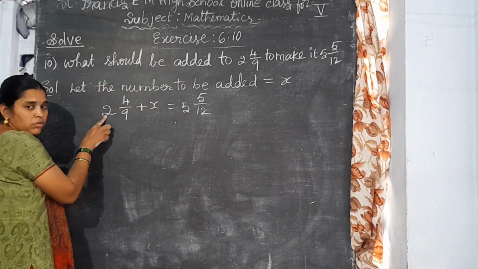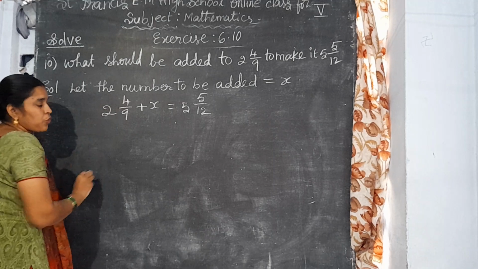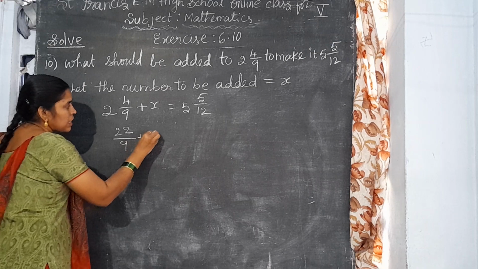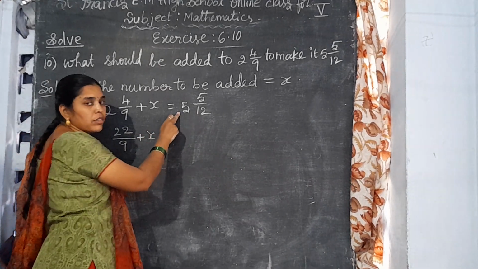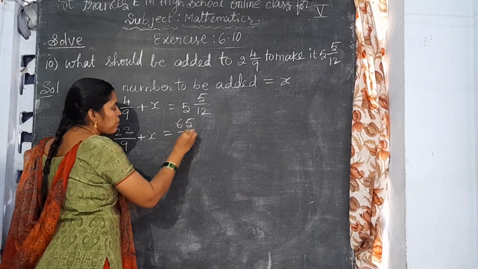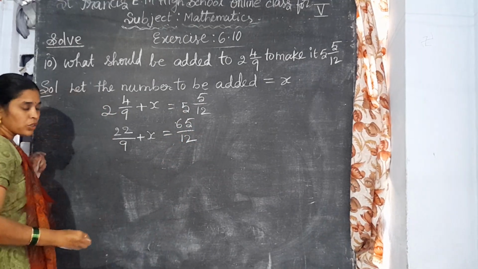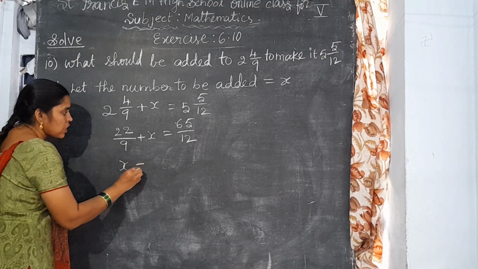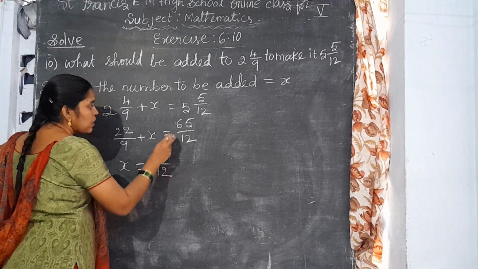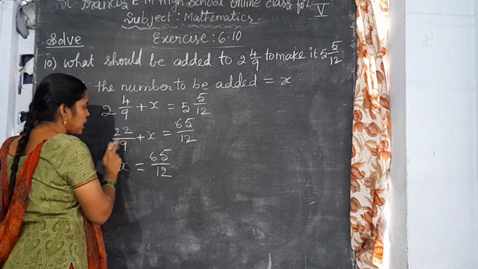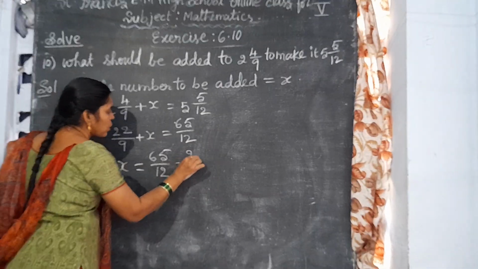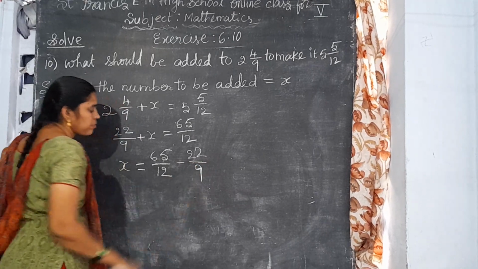See, 9 2s are 18. 18 plus 4, 22 by 9 plus x is equal to 12 5s are 60. 60 plus 5, 65 by 12. Now you want to find out x. So x is equal to 65 by 12, this is the greater number, minus 22 by 9.